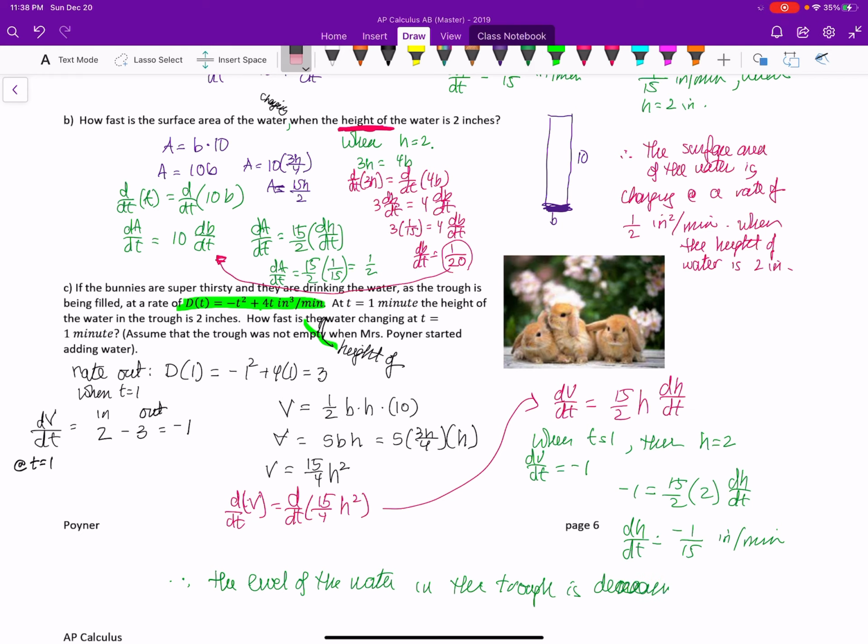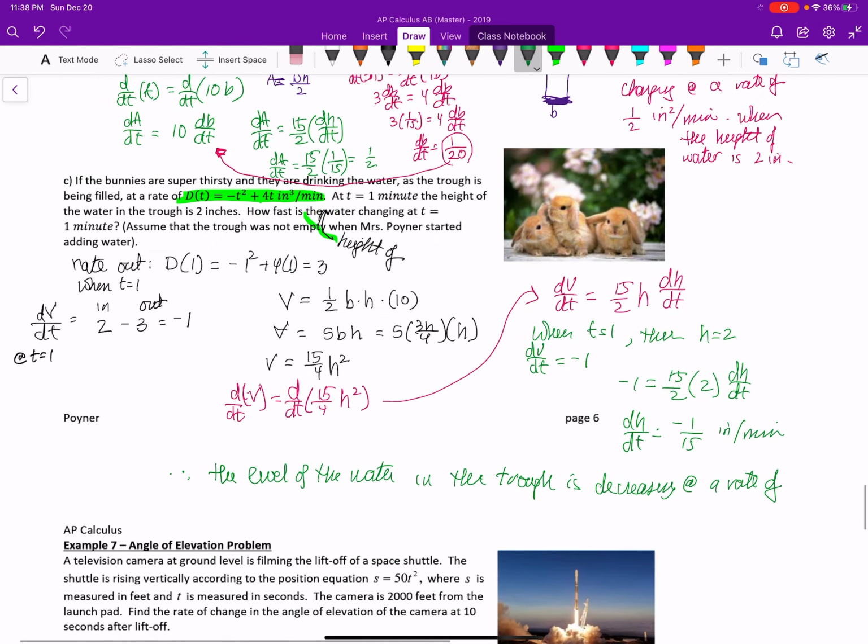Let's try that again. Decreasing at a rate of, and because I'm using the word decreasing, I'm just going to write 1/15 inches per minute when t is equal to 1 minute. And that's it.